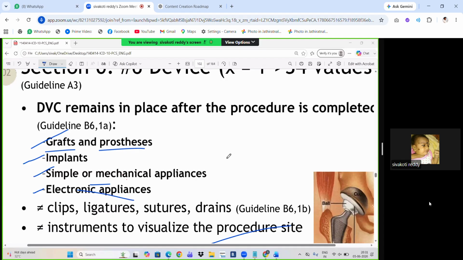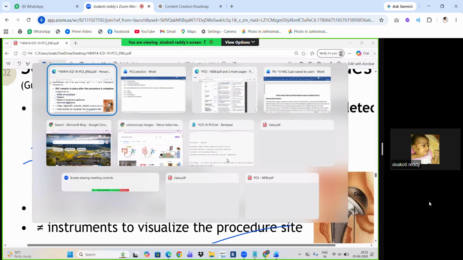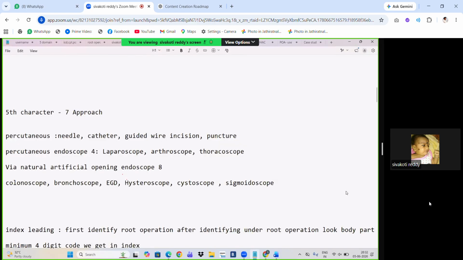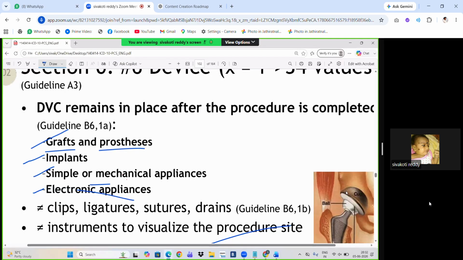If they placed a device but did not mention the type of device, then we need to go with synthetic substitute as the default device.